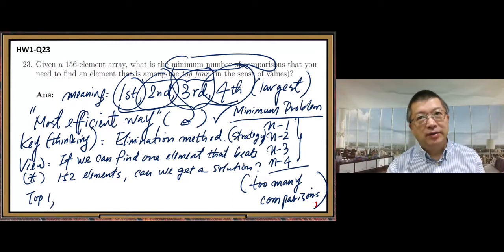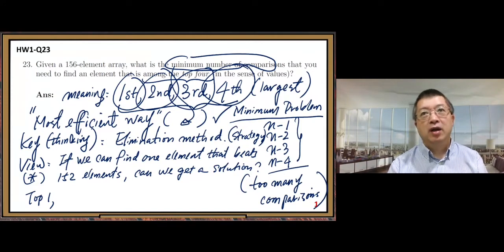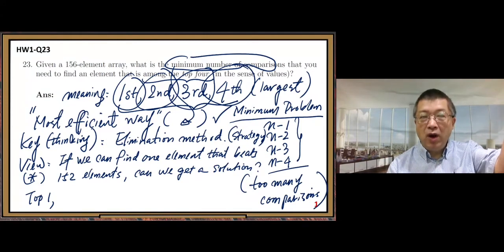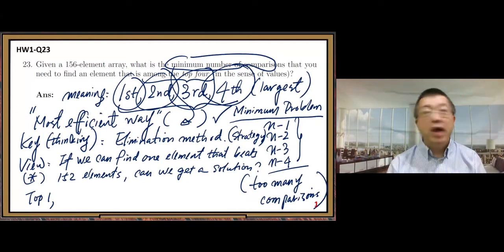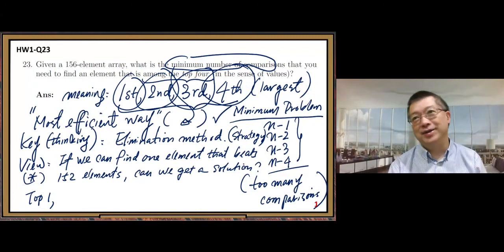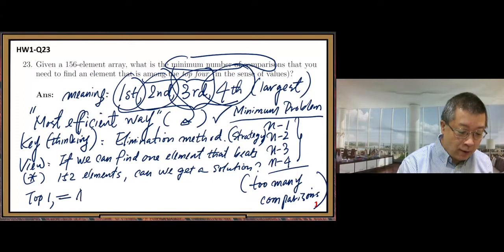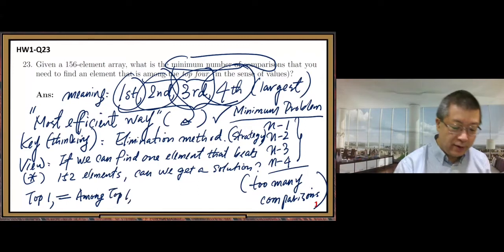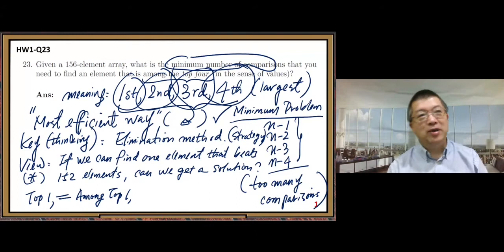To find the largest element, you need to use n minus 1 comparisons, because you find one element, the top one, that beats n minus 1 elements. Then you have one among top 1. In that case, you eliminate n minus 1 elements.